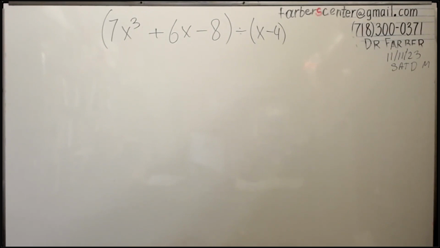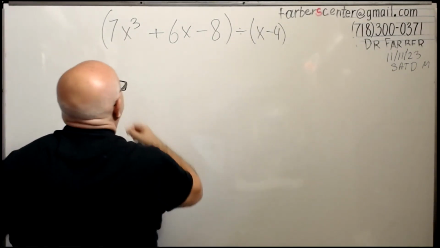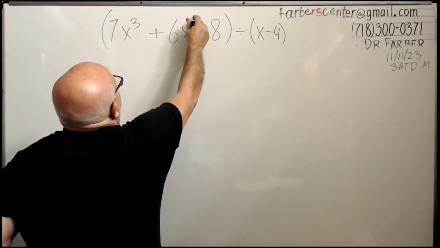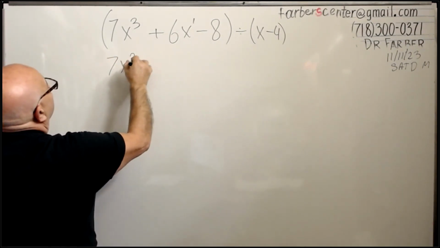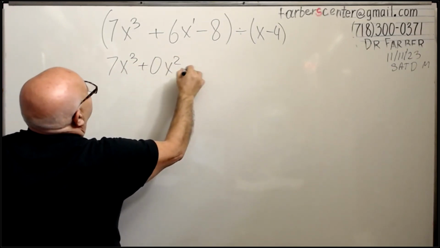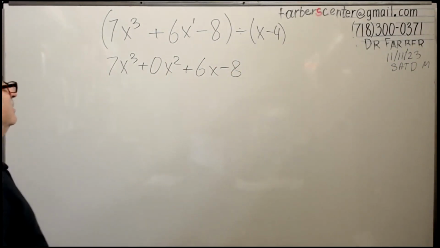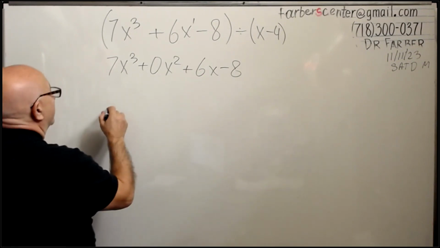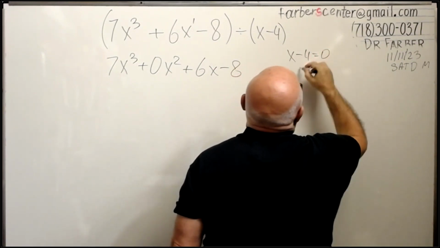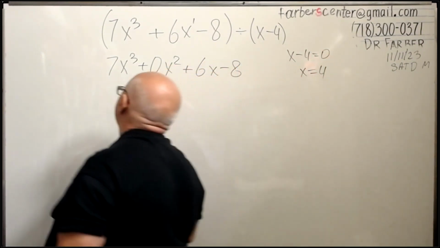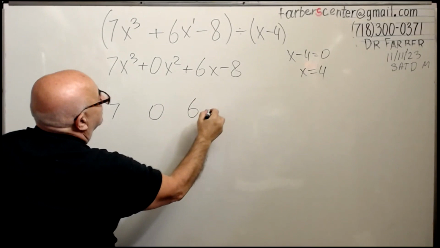If you remember, at the beginning of the lecture I said the powers are supposed to be continuous here, right? For instance, I have x cubed and x to the first. I miss something. It's the same as 7x cubed plus 0x to the second plus 6x minus 8. Fill this gap. After that, write these numbers. Set up this factor, x equals 4, and write the coefficients 7, 0, 6, negative 8.